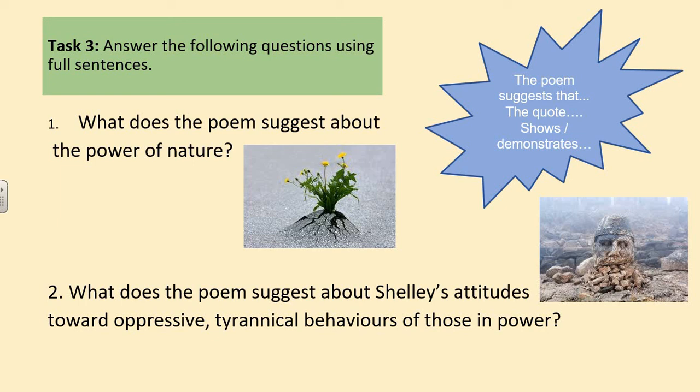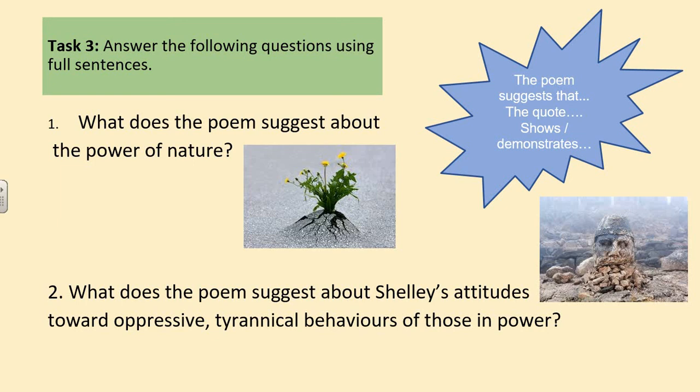And your second question, what does the poem suggest about Shelley's attitudes towards oppressive, tyrannical behaviours of those in power? So we've spoken before, do we think he admired this leader? We've seen in the slide about Shelley, does he like that sort of rule and leadership and politics? Does he? No, he doesn't.